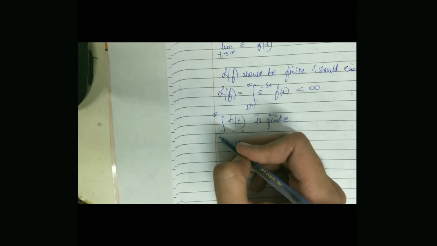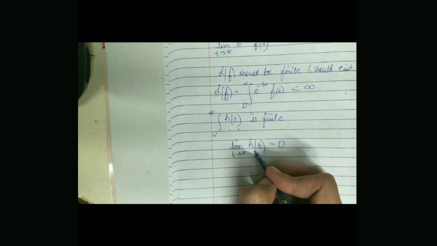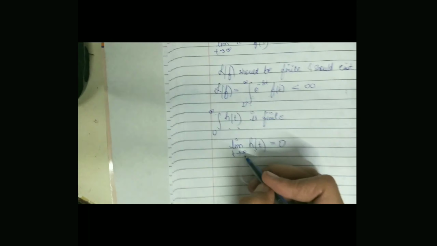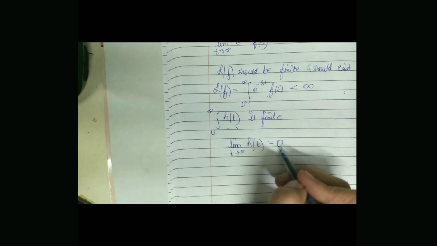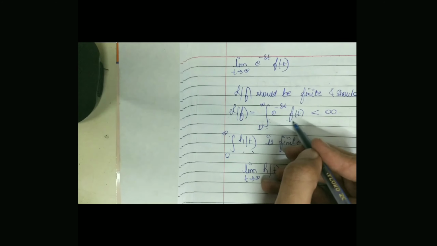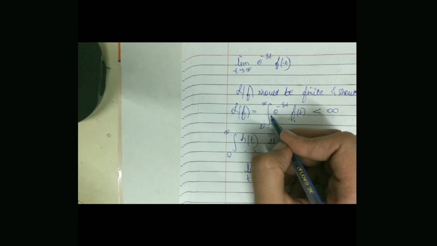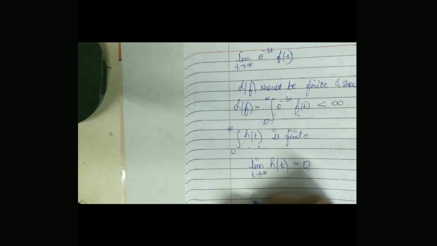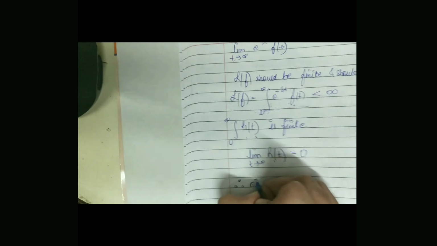If a function's integral from 0 to infinity has a finite value, then the function assumes the value 0 at infinity. So since this integral exists, the Laplacian exists, and therefore the limit as t tends to infinity of e raised to power minus st f(t) has to be 0.